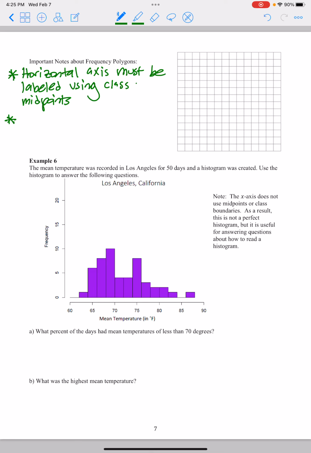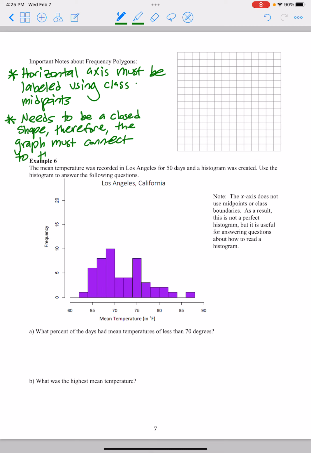Polygon, if you remember from geometry, is a closed shape. So it needs to be a closed figure or shape. Therefore, the graph must connect to the x-axis.